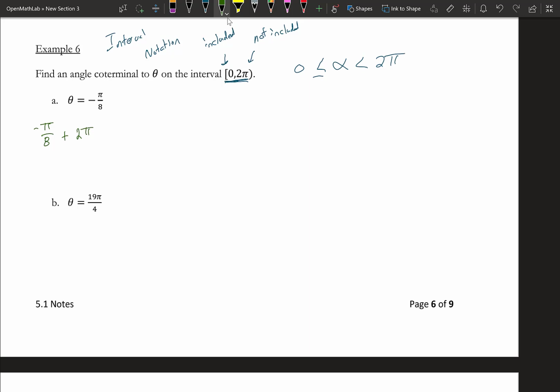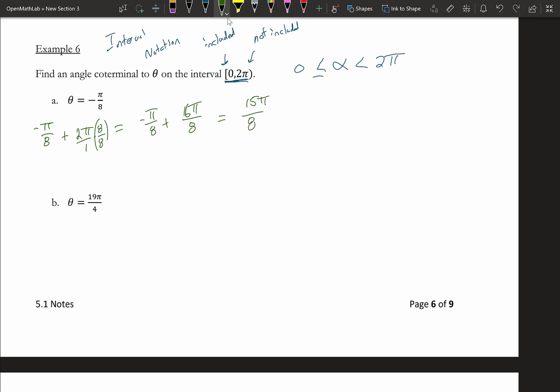So if I add 2 pi to negative pi over 8, I want to get common denominators, so we could get a common denominator of 8. If we put 2 pi over 1 and multiply top and bottom by 8, that gives me 16 pi over 8, which is equivalent to 2 pi. So when we add this, we get 15 pi over 8.